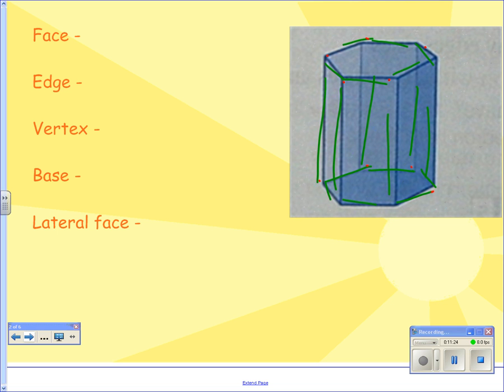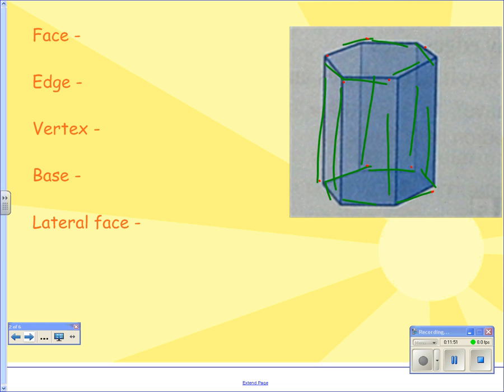A base. Do you know what a base is? One of the two congruent parallel faces of the figure.